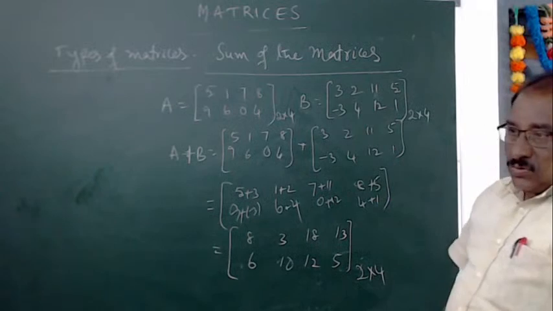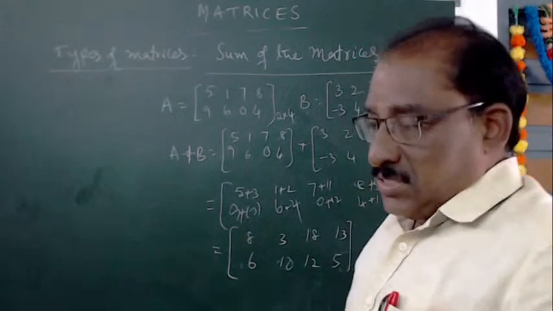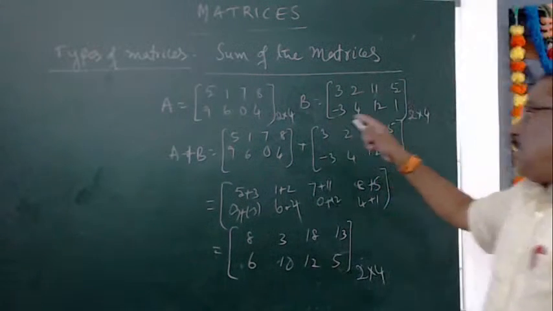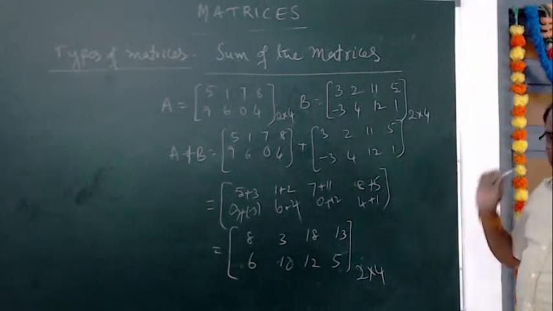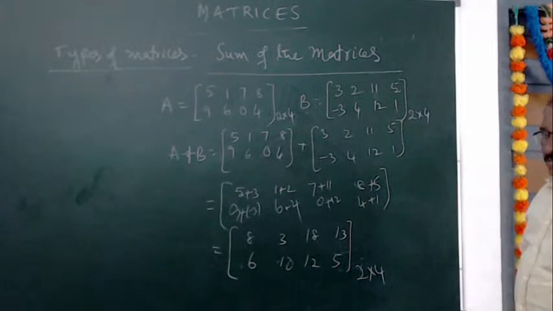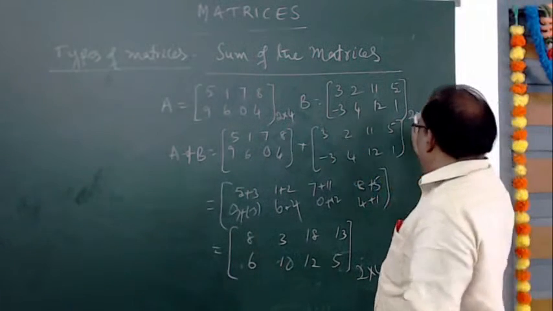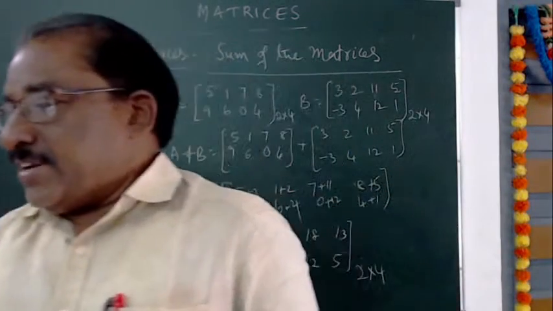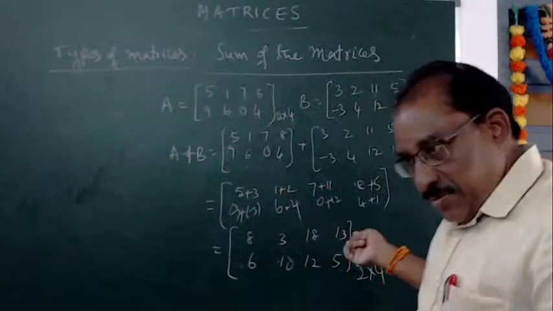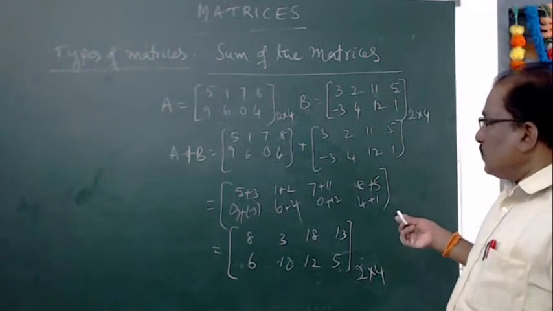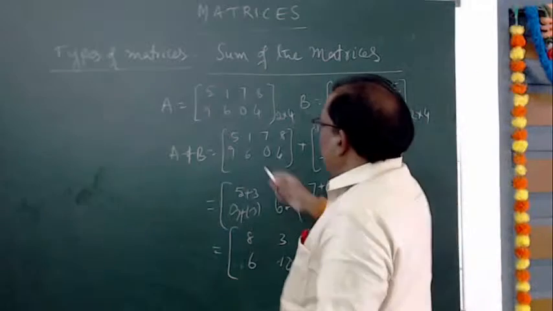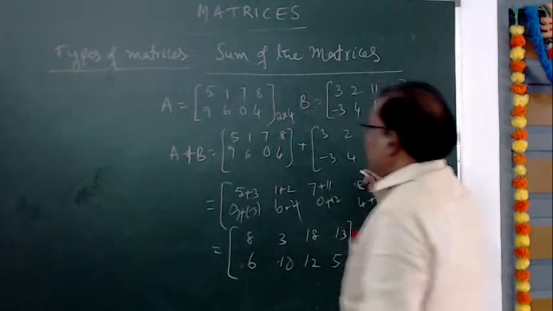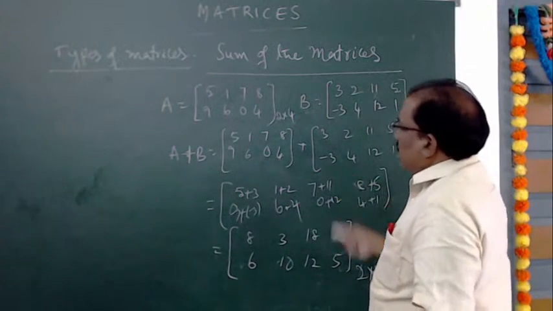So the sum of the matrices is possible if the orders are the same. Orders are the same for the two matrices A and B. Here the orders are the same, 2 by 4 and 2 by 4. By adding corresponding elements, you get the resulting matrix A plus B of the same order. What is the observation here? Simply, you add the corresponding elements.